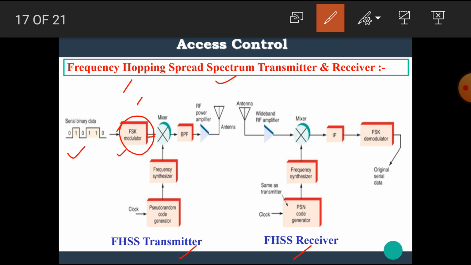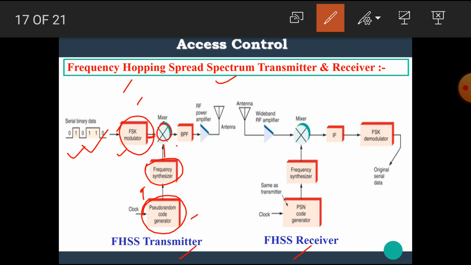This is given to one input of the mixer. The other input of the mixer is obtained from the frequency synthesizer, which is driven by this pseudo random code generator. This code is at a higher rate than the serial binary data.